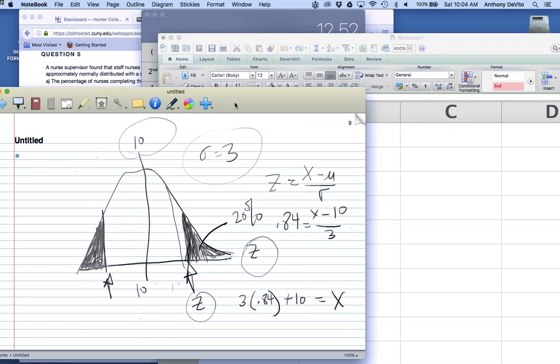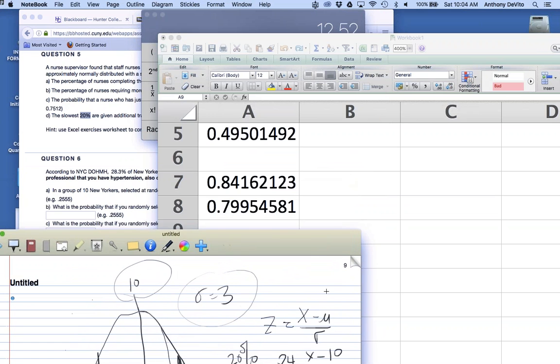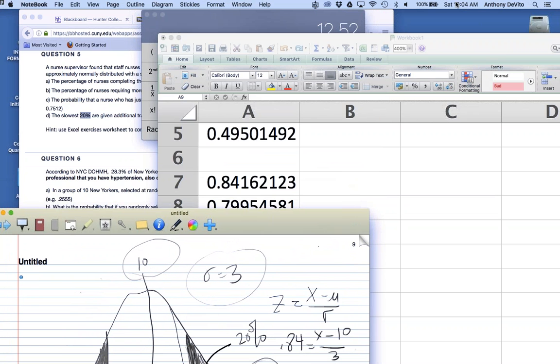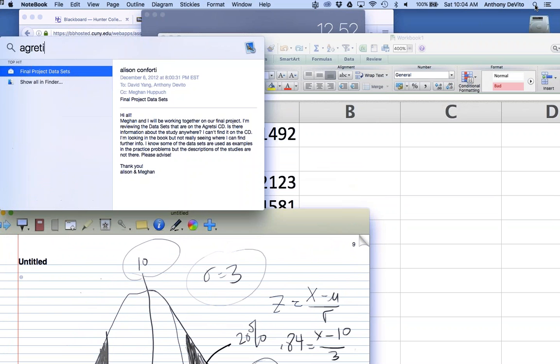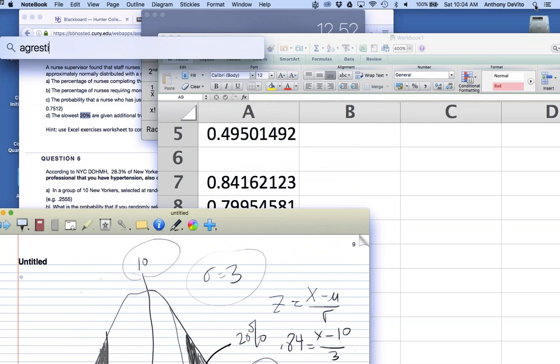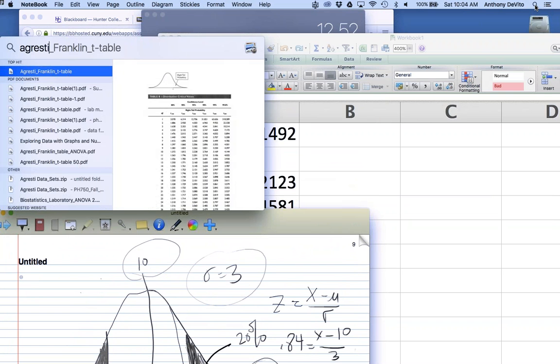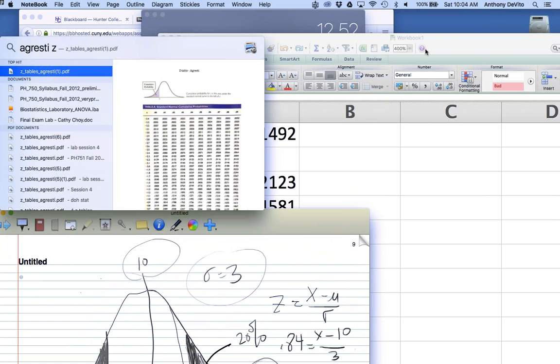Now, just to show you quickly, if I wanted to know what percentage of the curve, it's very similar to the t-tables in your book. Here we go.